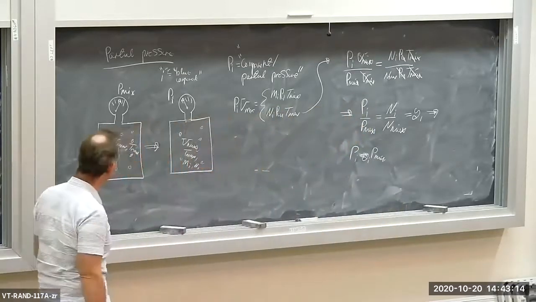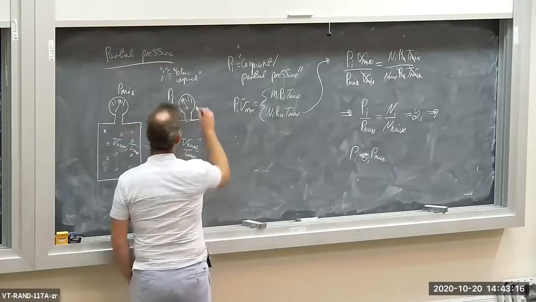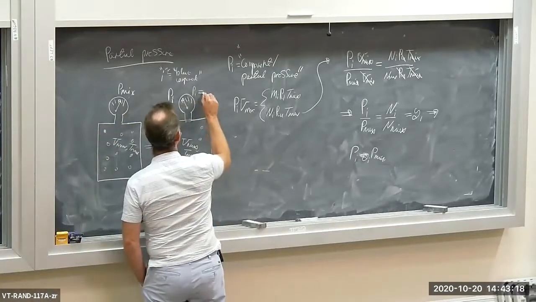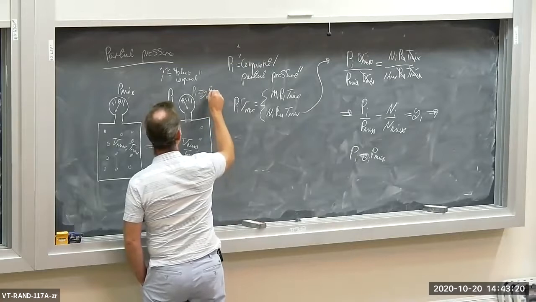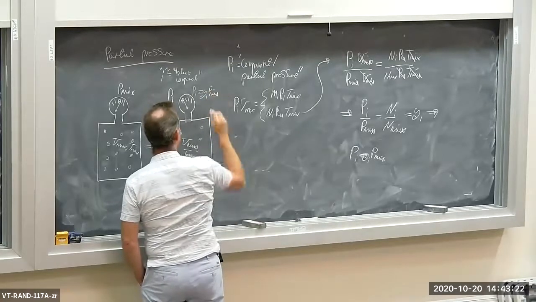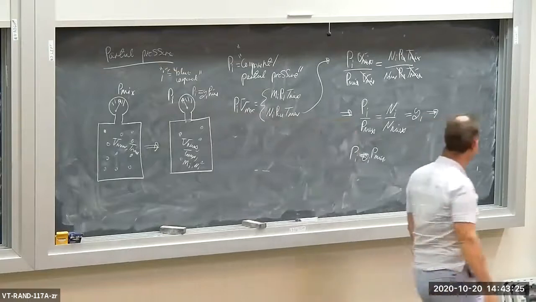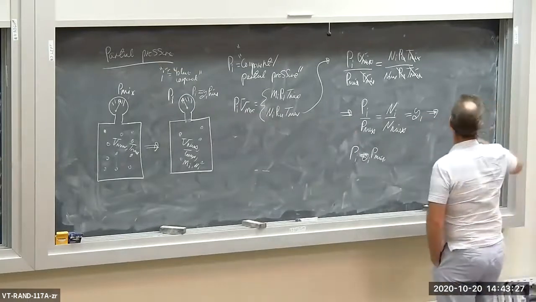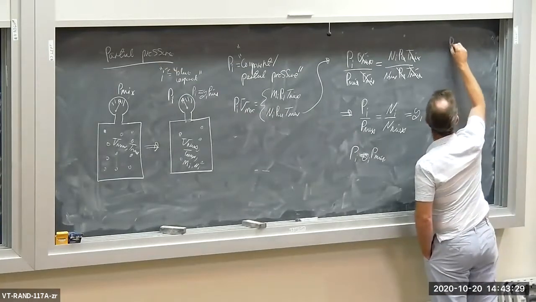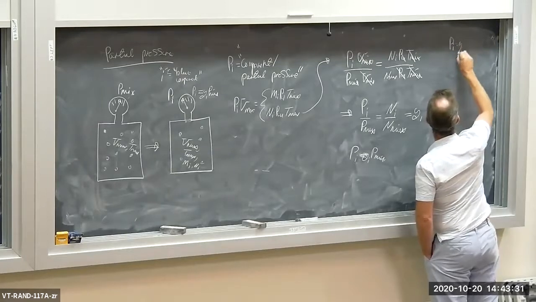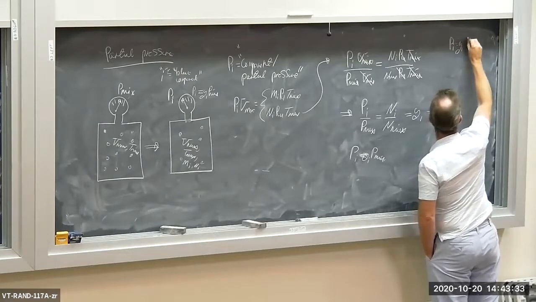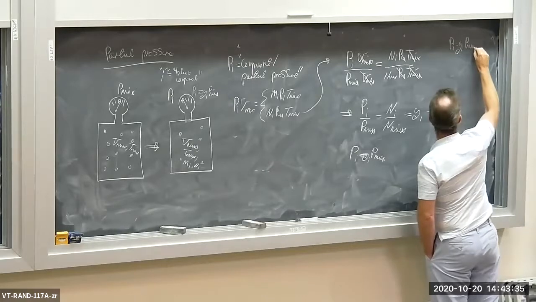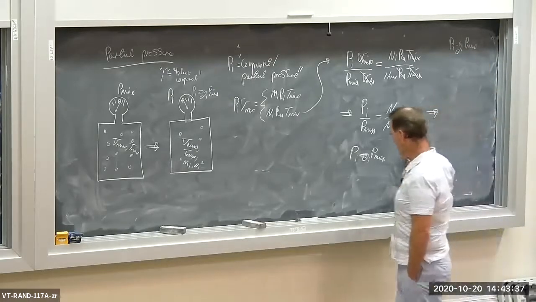So that's how you get the partial pressure. So this P sub i right here is equal to the mole fraction times the original mixture pressure. That's what the P sub i is equal to. Okay, so let's write this up here. The partial pressure, P sub i, is equal to the mole fraction times P mix.